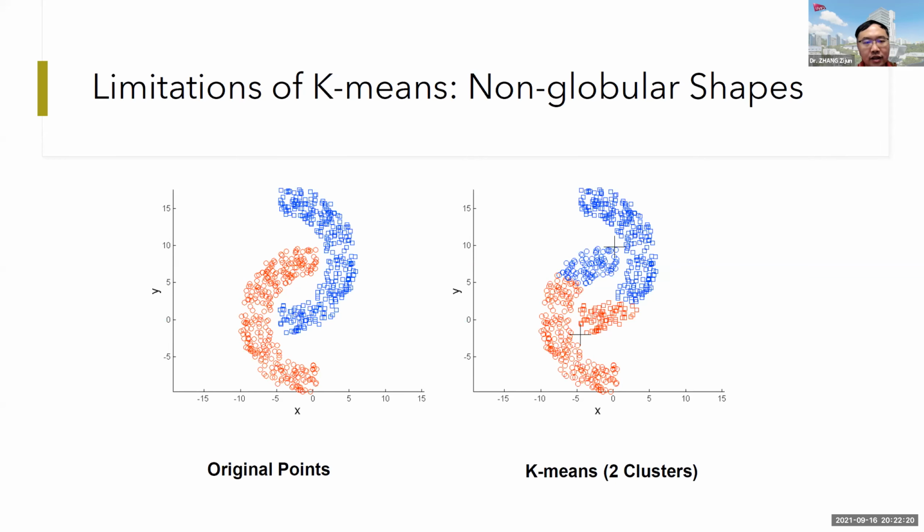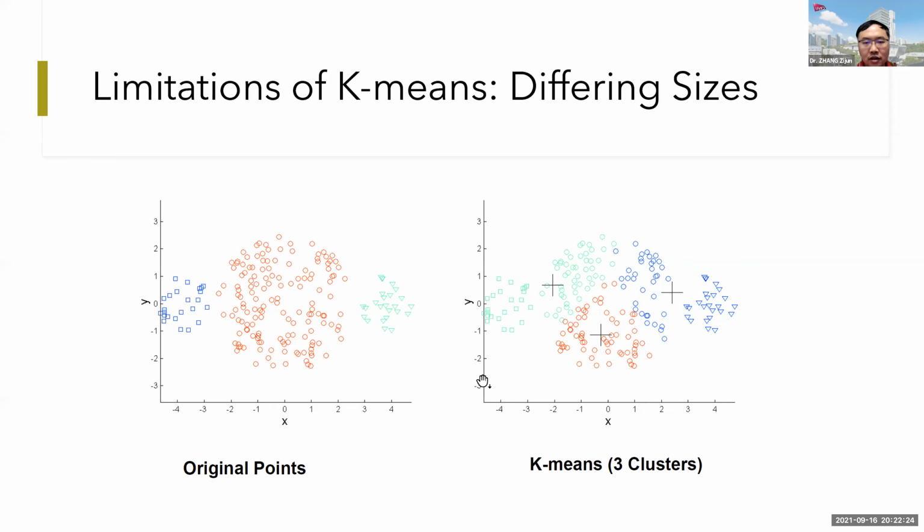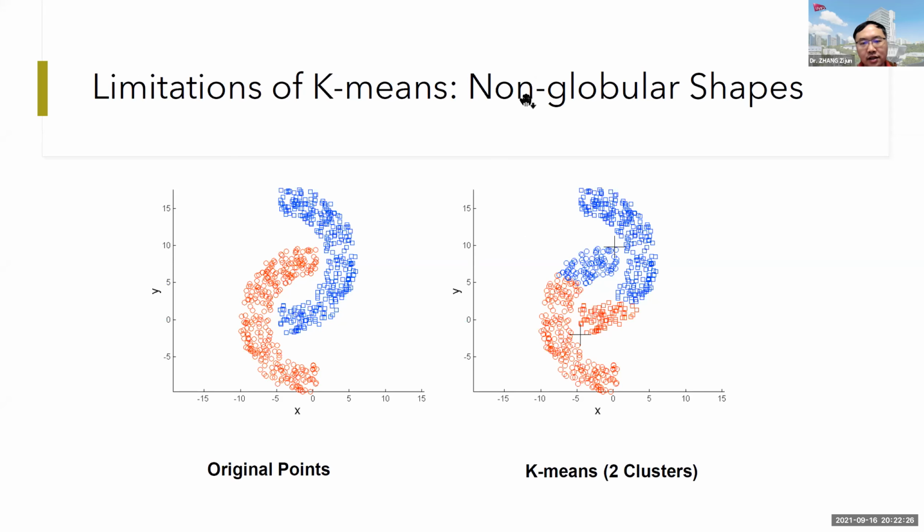And the second limitation of k-means, this is the third case, is non-globular shapes. You will see the original data points are actually grouped like this. It's not like bubbles. So if you do k-means, you will return such clustering results, which do not match our expectation.